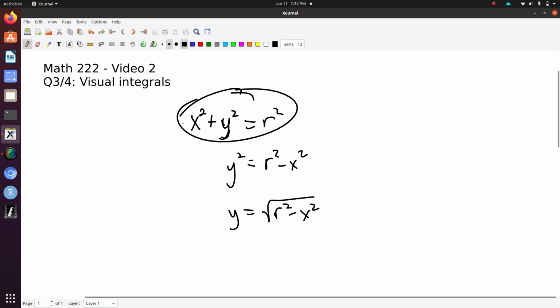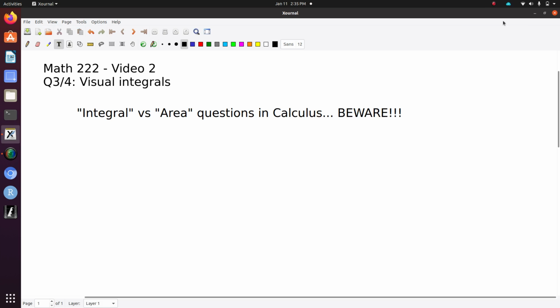And also for question 4, it's all just visual. Again, you need to know the area of a circle to do that. And another point I need to make is the difference between when a question asks you for integral versus area.